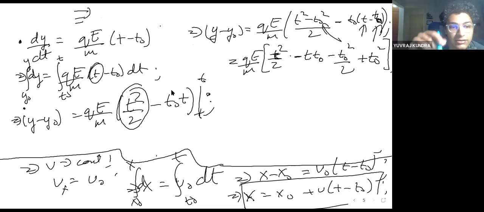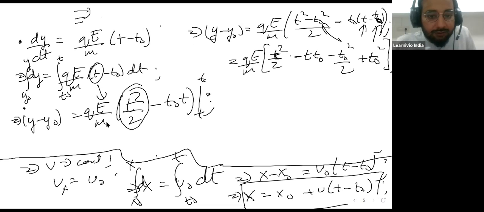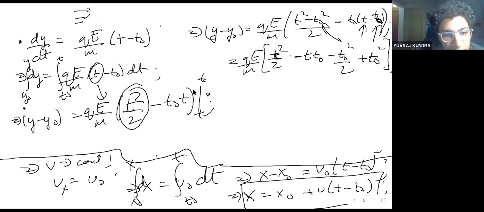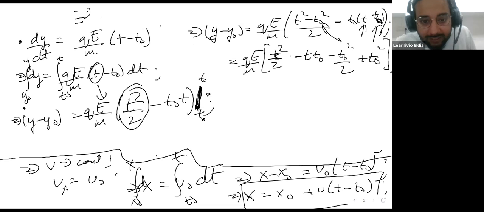Sir, we hadn't done the integral yet. So this step is essentially doing the integral, no? Sir, then we didn't integrate T naught T. This is essentially the limits I've written here, right?